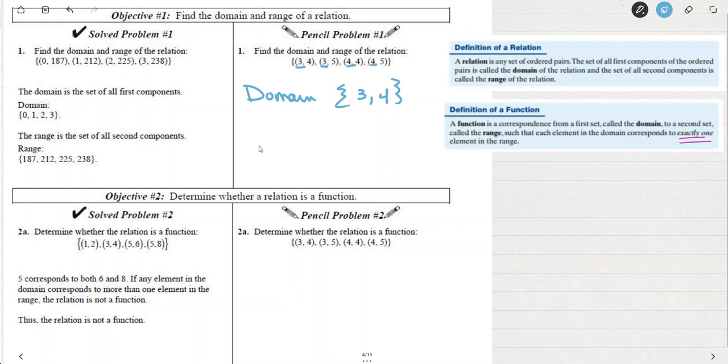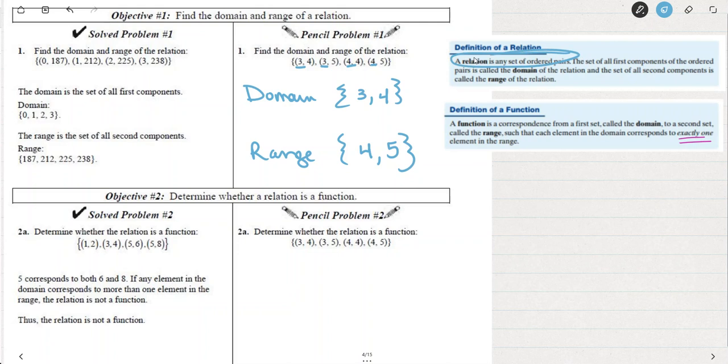I'm not going to list the 3 or the 4 more than once, even though they appear more than once. The set of the range includes 4s and 5s. And this is a relation because it's a set of ordered pairs. So we'll start with that.